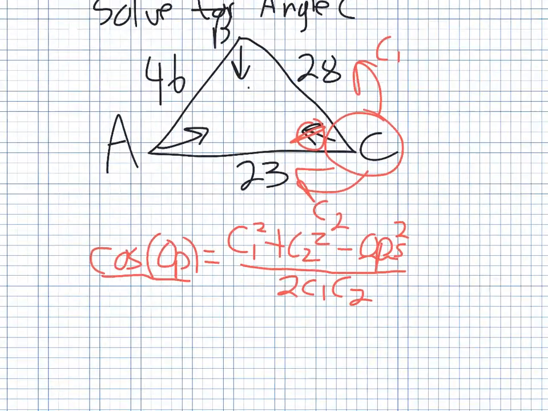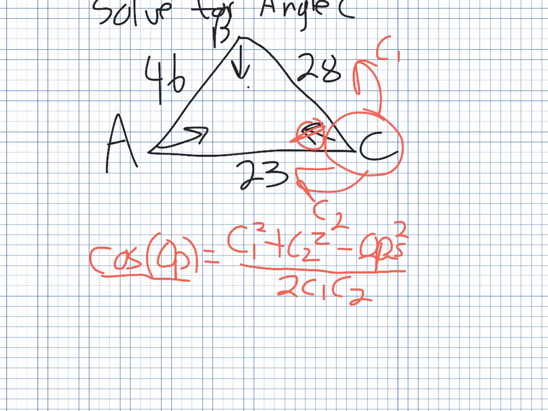Okay, folks, now we need to substitute our numbers in. Remember, I'm trying to find out angle C. If I want to figure out angle C, I look at the containing sides.